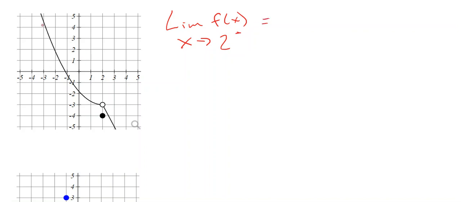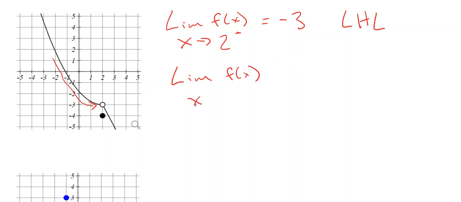So in other words, we're approaching along this line right here. We're coming along this way, getting closer and closer to 2. Well, it appears that the function value, or the y value, is approaching -3. All right, this would be the left-hand limit, LHL.